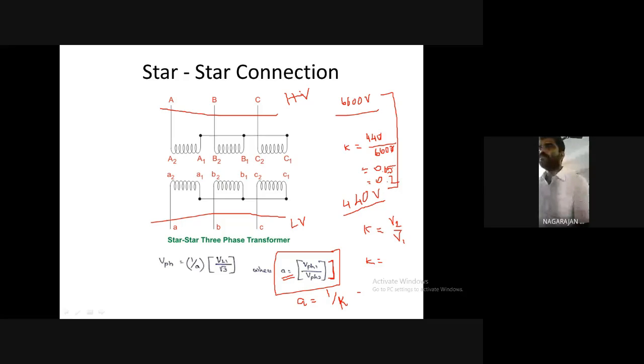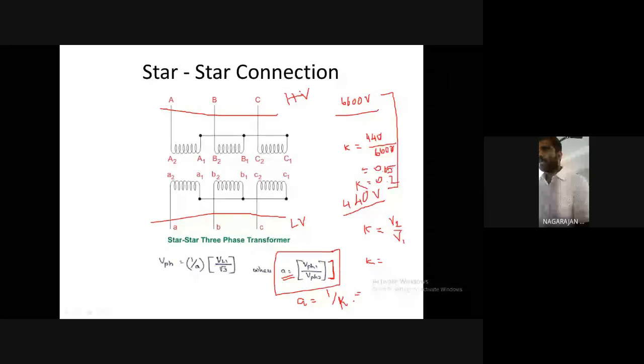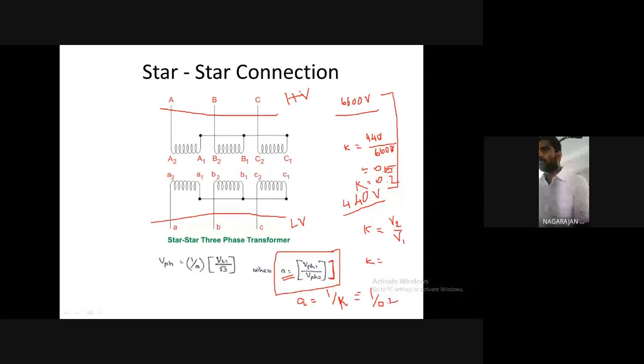Any value. I don't have a calculator, so I'll just give an example. So the K value here is 0.2. So what would be the A value? A must be 1 by 0.2, which is 5. So the voltage is stepped up or stepped down 5 times from primary to secondary. So this is how we are calculating the transformation of voltage from one side to another side.